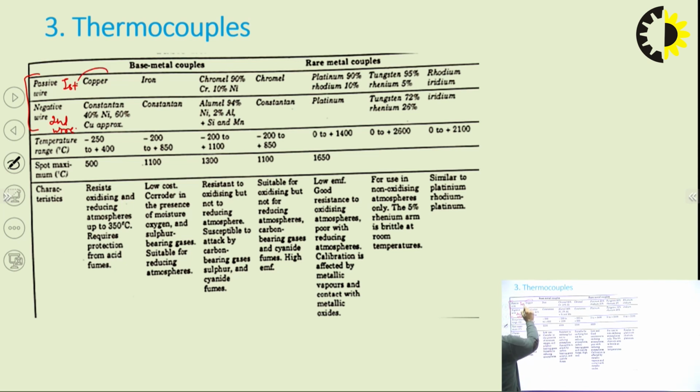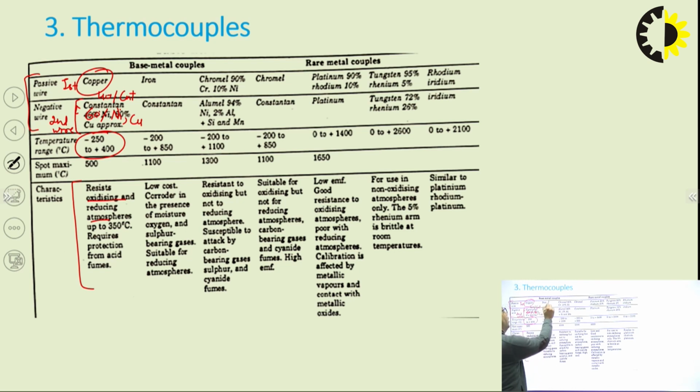So first is copper and second is an alloy of 40% constantan and 60% nickel, and some copper is added, and this forms a complete thermocouple material. Its temperature range is -250 to 400 degrees centigrade, and its characteristic is that it can resist oxidation and has the least effect from atmospheric conditions.